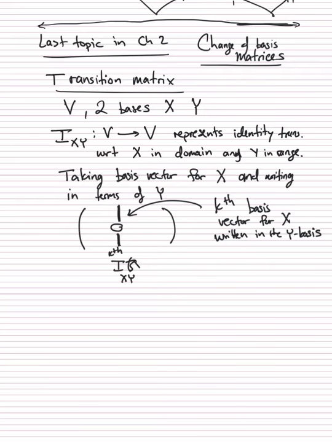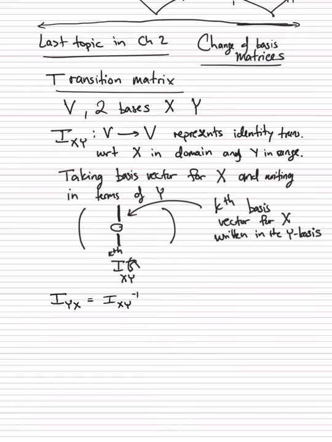Note that we also have a matrix IYX, which does exactly the same thing, but writes basis vectors for Y in terms of X. And we have that this is equal to IXY inverse.